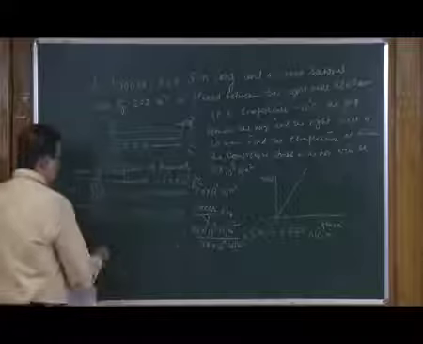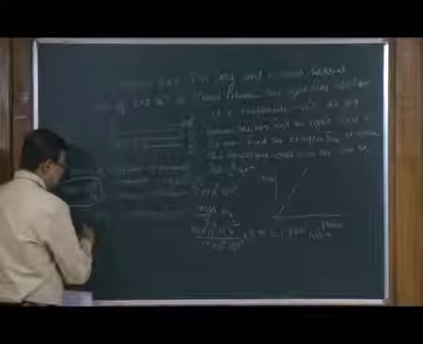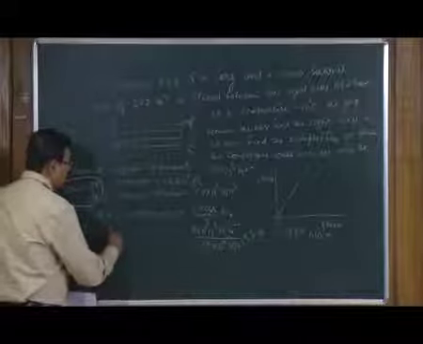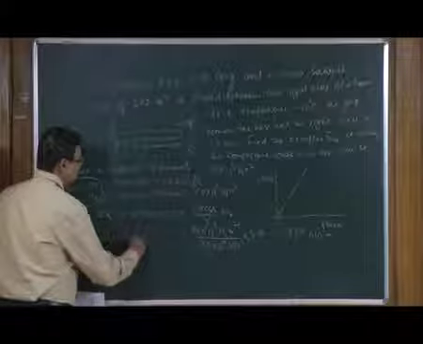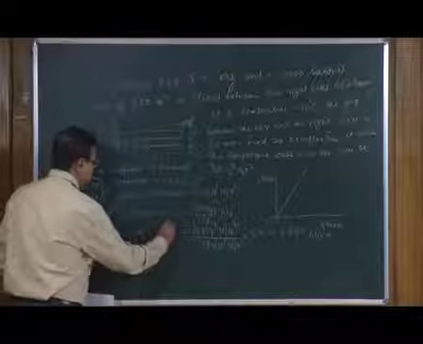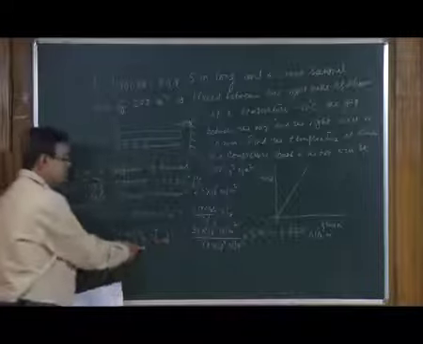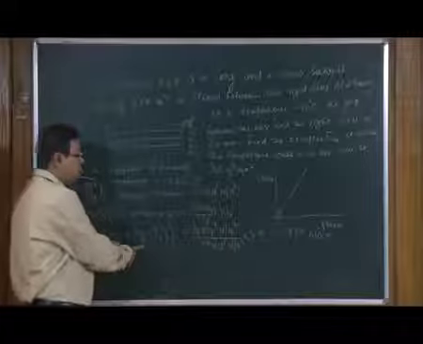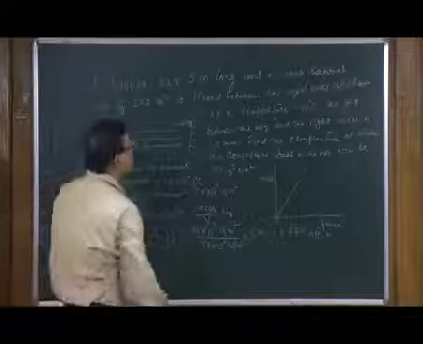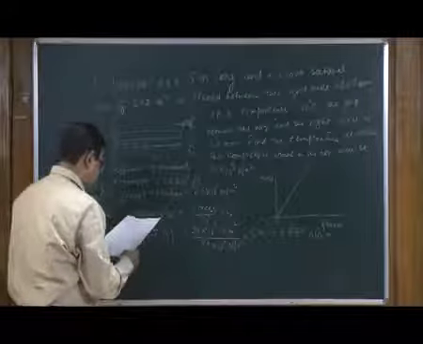Now I can put it into this formula, L equal to L0 (1 plus alpha (Tf minus Ti)), where Tf is the final temperature which is asked for, and Ti is the initial temperature which is equal to minus 10 degree centigrade.